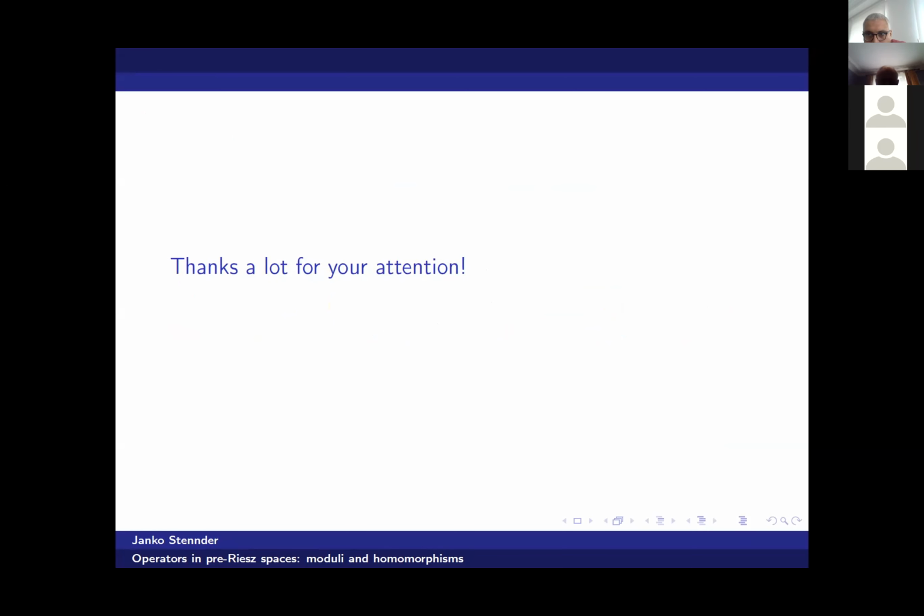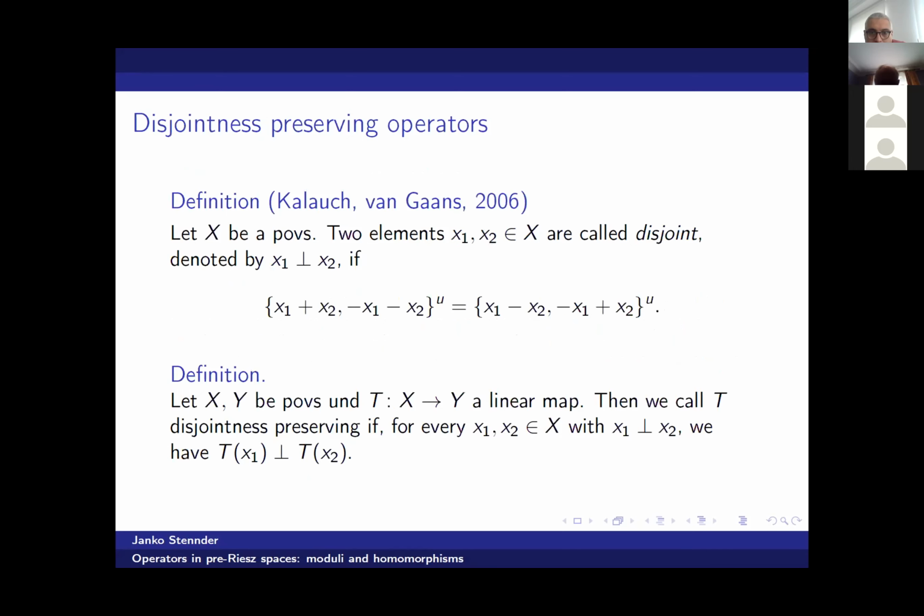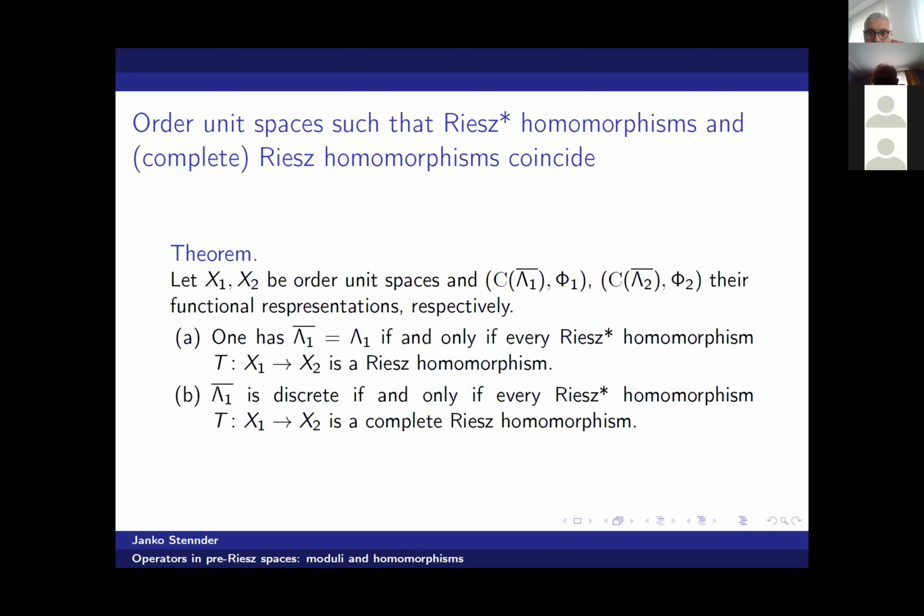This correspondence between Riesz and Riesz star homomorphisms: you had a condition in order unit spaces. And in general pre-Riesz spaces, it's false, they're not equivalent, right? So what happens maybe in pervasive pre-Riesz spaces? Is it known whether those are equivalent there? Yes, there's a counterexample in pervasive spaces.